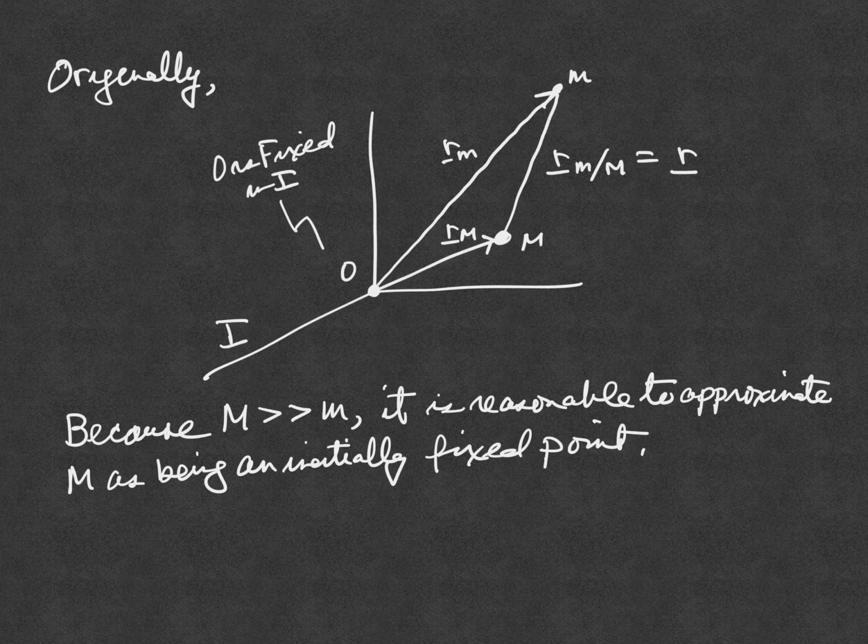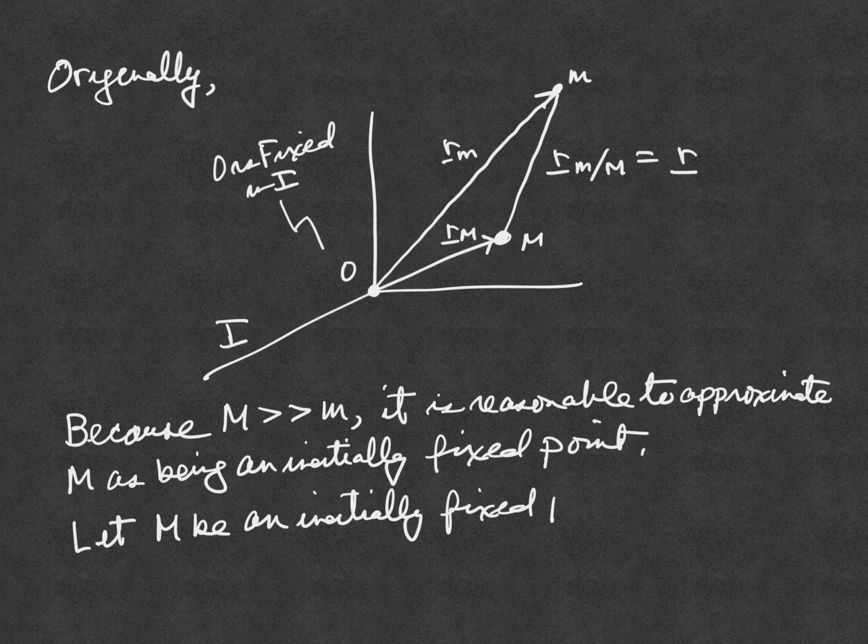So in other words, we're just going to move the inertially fixed point, which is at O, and make it the same as M. So what we're going to do is say, let M be an inertially fixed point, and denote this point as O. So we're just going to move everything so that big M is now actually O.